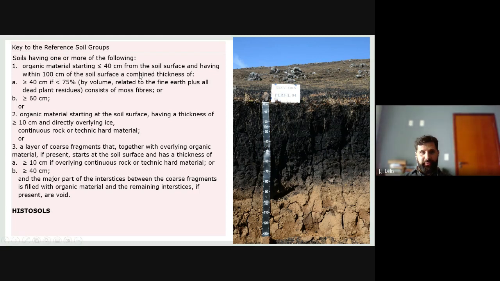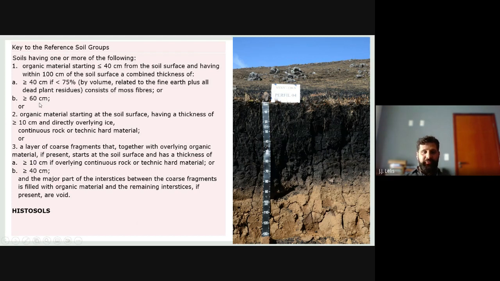This organic material should possess at least 40 centimeters or more of thickness if it is composed of moss fibers, or at least 60 centimeters otherwise.